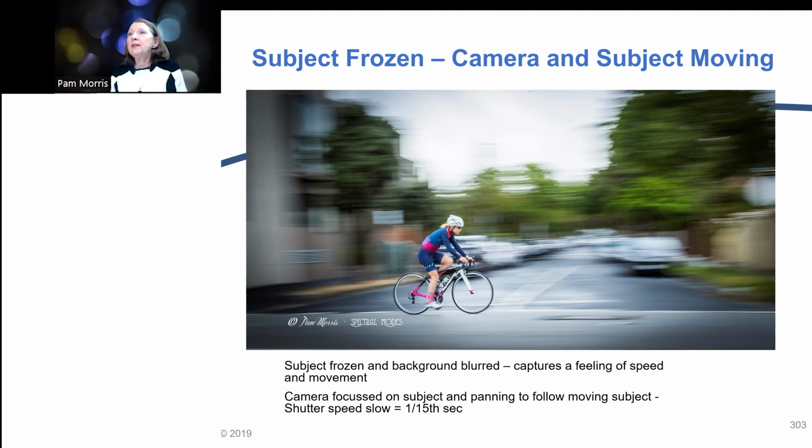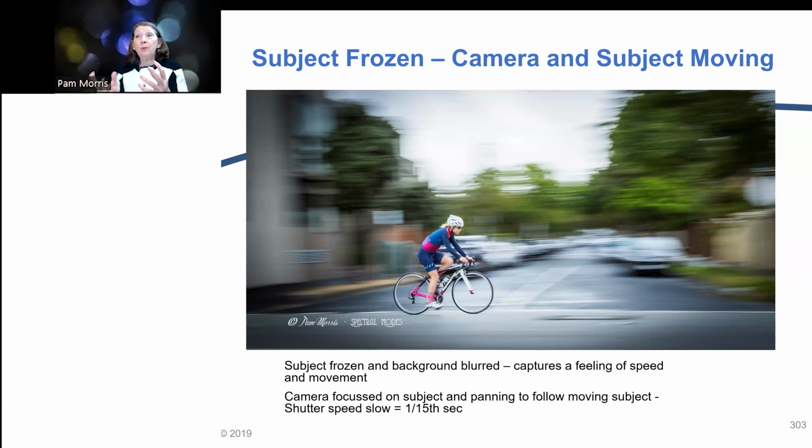This was down at Brighton Beach, and it's a good technique to have that skill set in your armory of things that you can do, because it's a lot more interesting, a photo like this, where you've dropped down the shutter speed to about a 15th of a second and panned, than just doing a very fast shutter speed and snapshotting it. Then we would have had all the cars in the background and a really cluttered background.